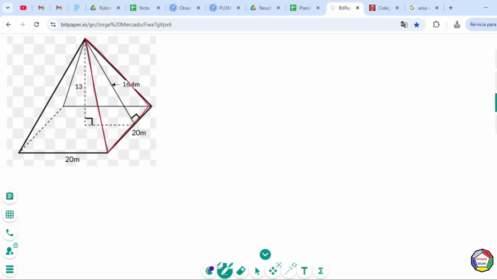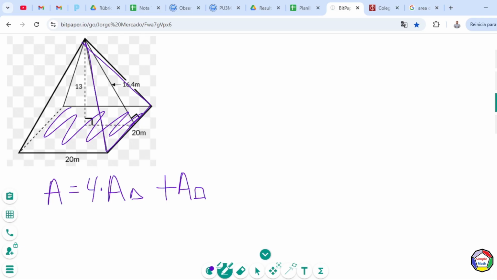In other words, to get the surface area of a pyramid, I get the area of this triangle, multiply that times 4 because we have 4 equal triangles, and then we add the area of the square, or the area of this base.